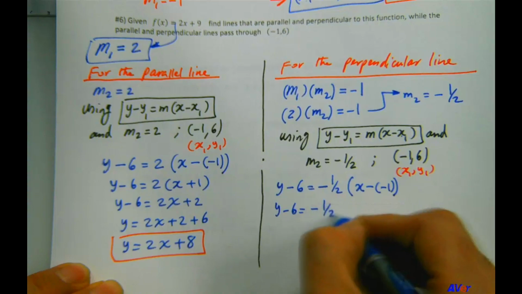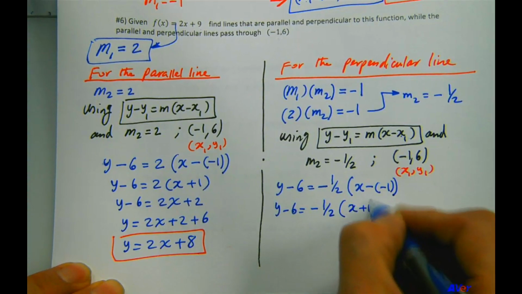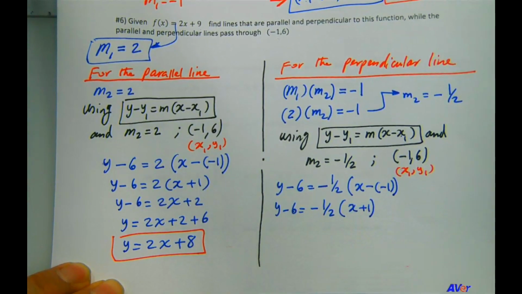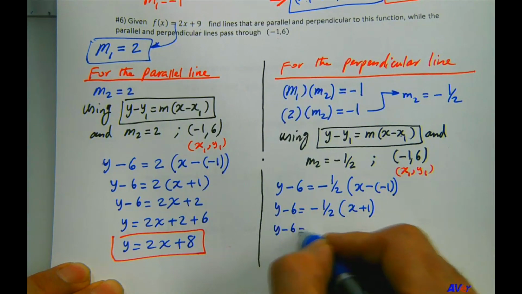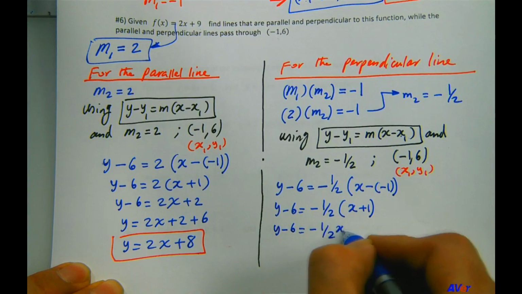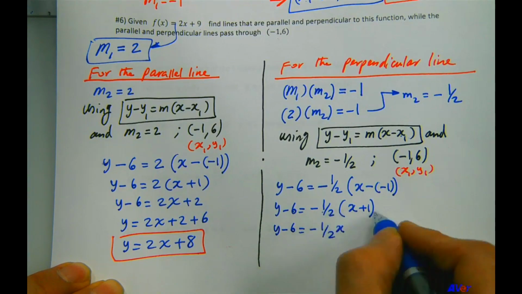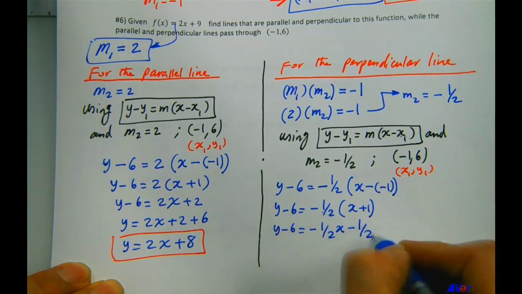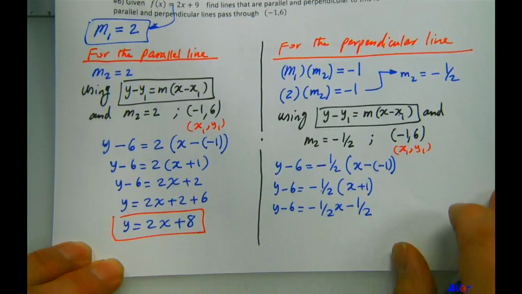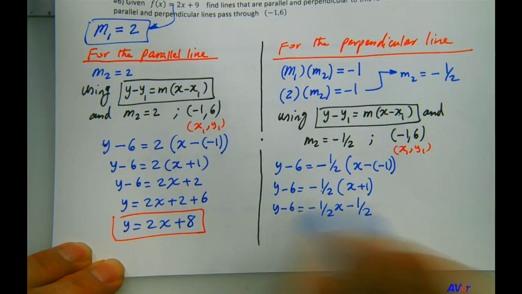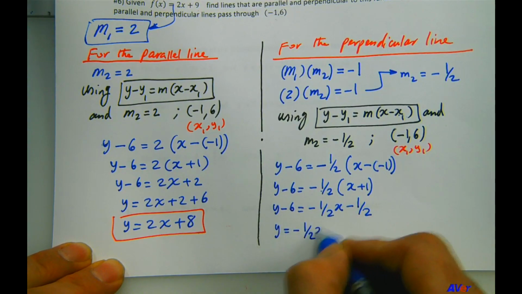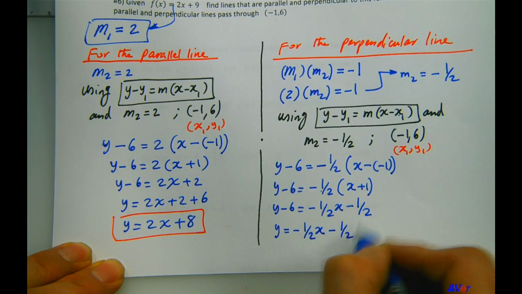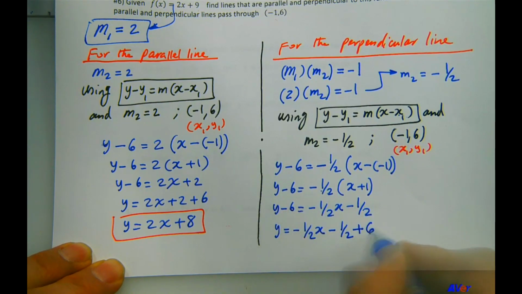We have minus 1/2 times x plus 1, right? Let's distribute the minus 1/2 into that. We have minus 1/2 x, minus 1/2 times 1, minus 1/2. Then let's move this negative 6 to the other side. y equals minus 1/2 x minus 1/2. Moving the negative 6 to the other side makes it positive 6.